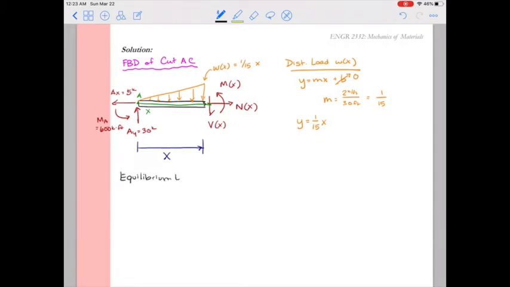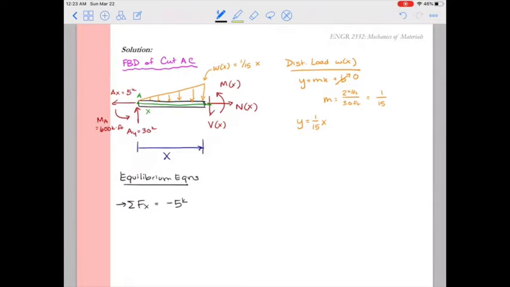So I'll go ahead and get started on my equilibrium equations. I'll start as I typically do with some forces in the x direction. Remember, you can go in whatever order you would like. You have 3 equations of equilibrium here. But summing force in my x direction, I'll get a -5 kips.